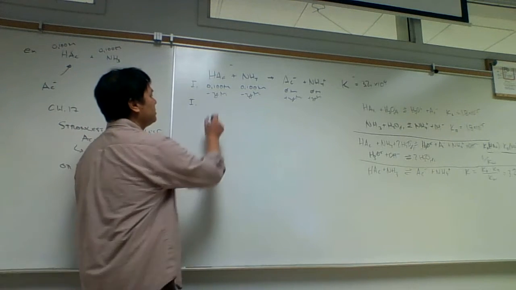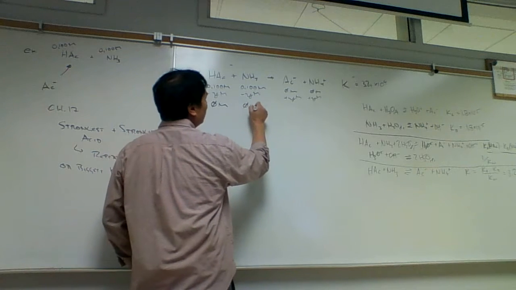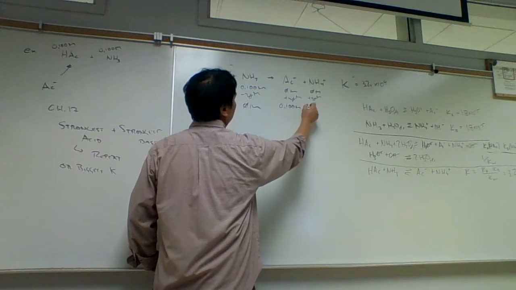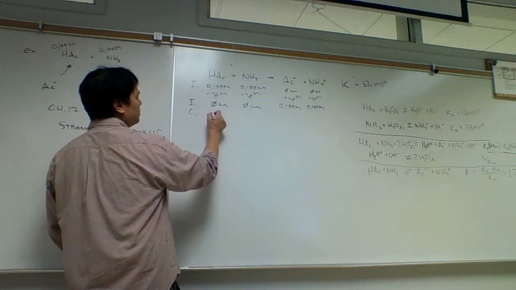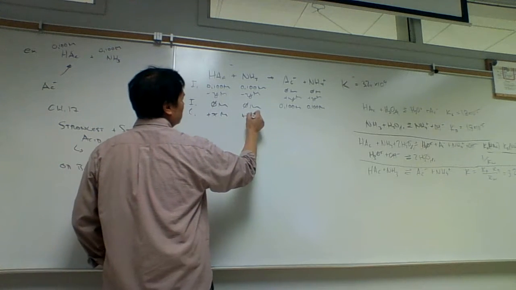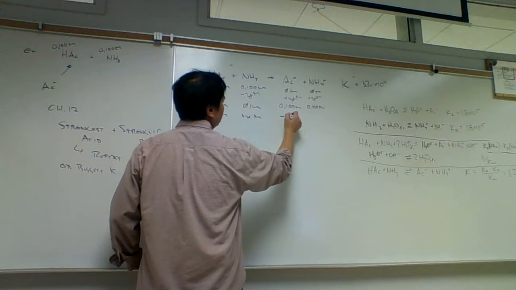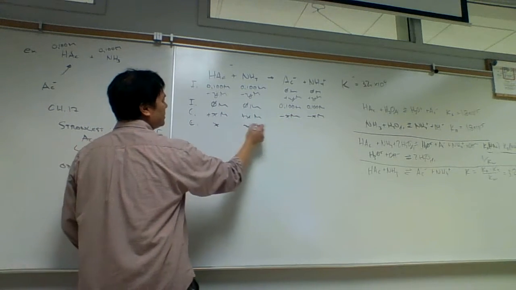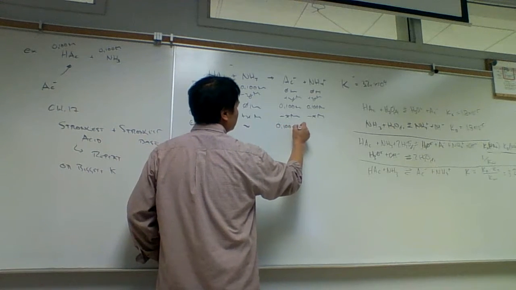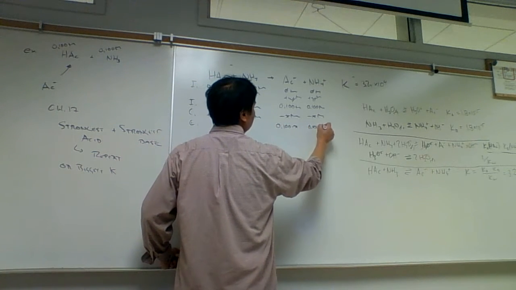But anyway, this is going to go to 0, 0, 0.100, 0.100. And so now the change is going to be reversed: plus x, minus x, minus x. And so at equilibrium, we're going to have x, 0.100 minus x, 0.100 minus x.